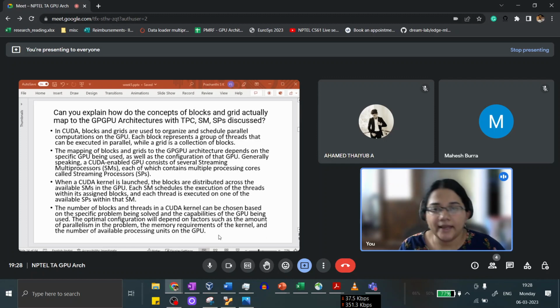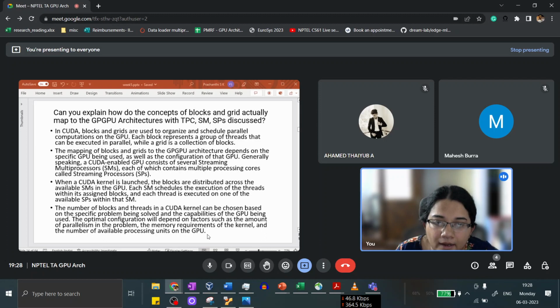So this point highlights that it's a combination of the problem and the architecture of that particular GPU. You can't arbitrarily say, if I give you a problem and ask what is the best block and thread configuration for this problem, you can't really say that because you don't know what hardware it will run on.